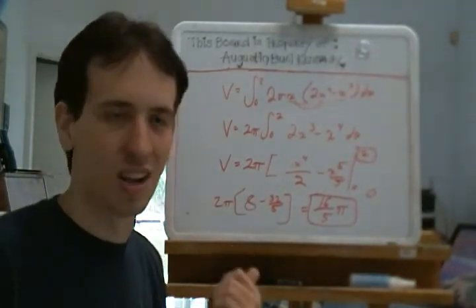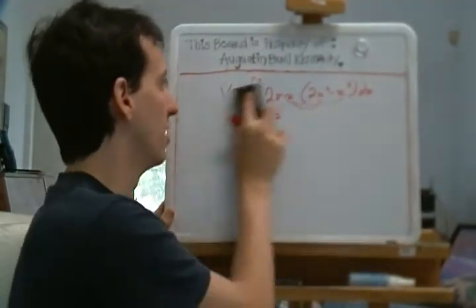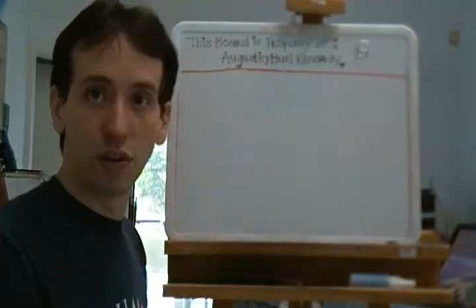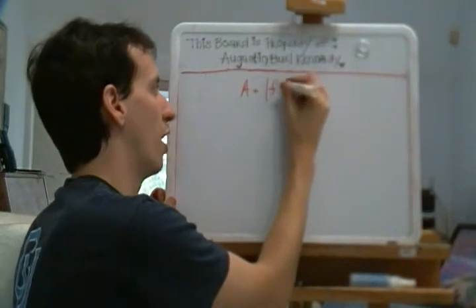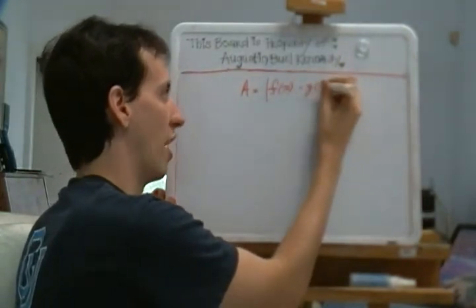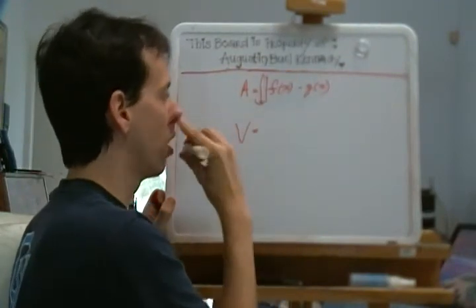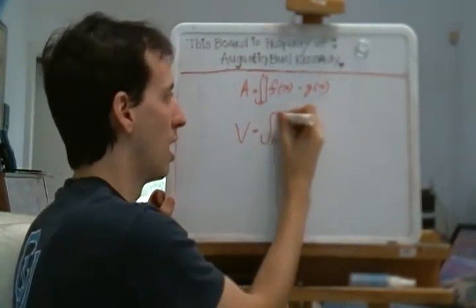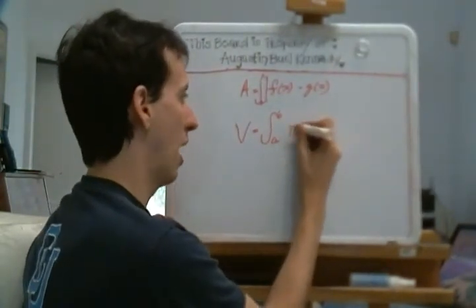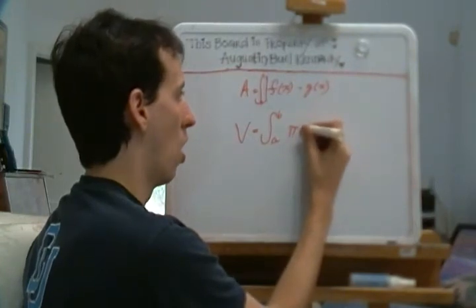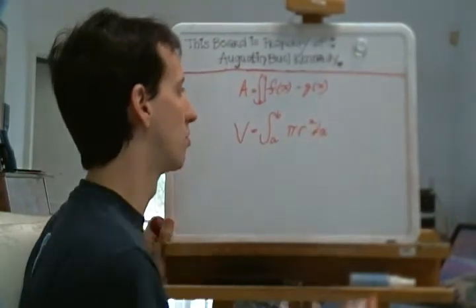It's just the formulas. And we've only covered 3 formulas so far in this chapter. We've talked about the difference. If you've got an area between curves, that's just going to be the integral from a to b of the absolute value of f of x minus g of x. If we want to figure out the volume of something between a and b, and we can use circular cross sections, well, that's just pi r, or f of x, squared dx.